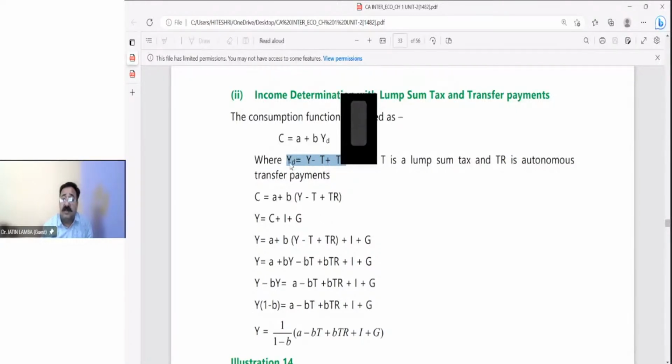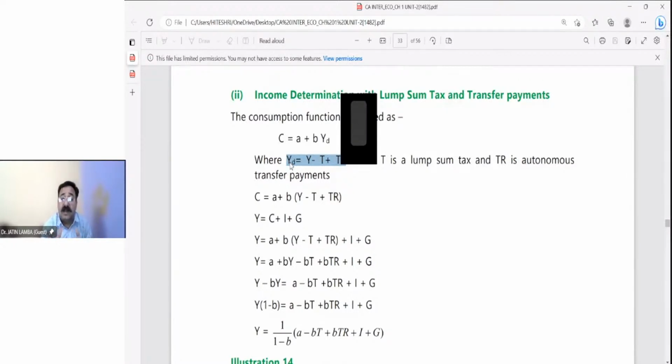See, what is disposable income? Disposable income is that income which people actually have to spend, right? So how do we arrive at disposable income? By subtracting taxes paid to the government by the people from the national income, because taxes are a compulsory payment. After paying taxes, whatever we are left with we can dispose of as we like.